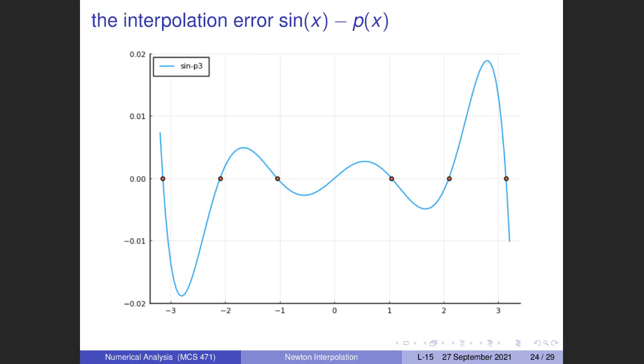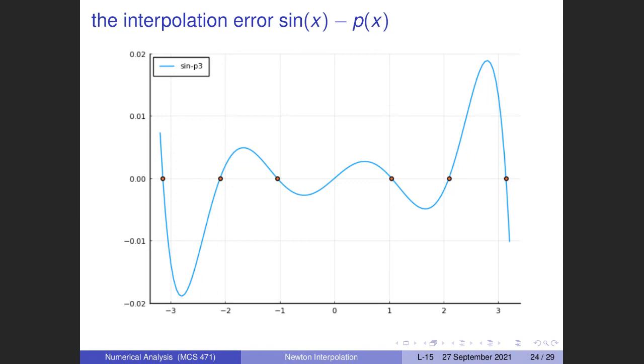Here is a more accurate picture if you're interested in the error. So we look at the shape, we plot this difference between the sine function and the interpolating polynomial. What you indeed see is that this error is now actually 0 at 0.